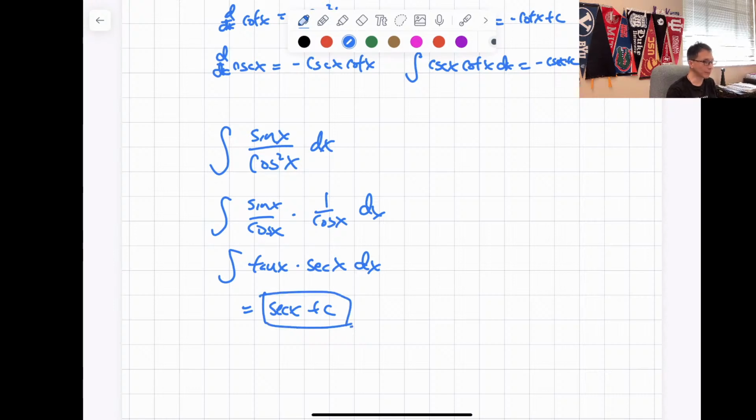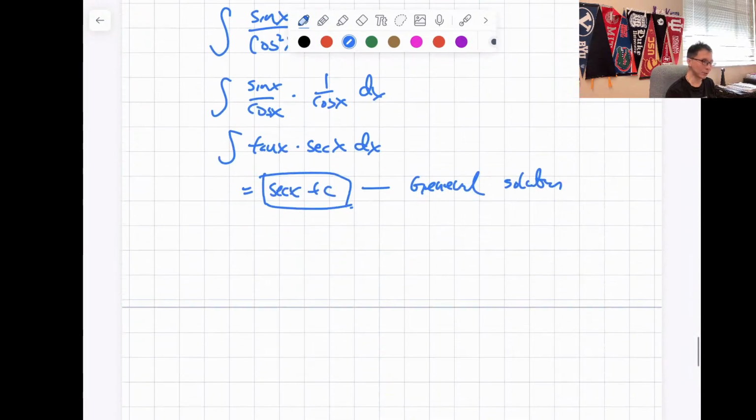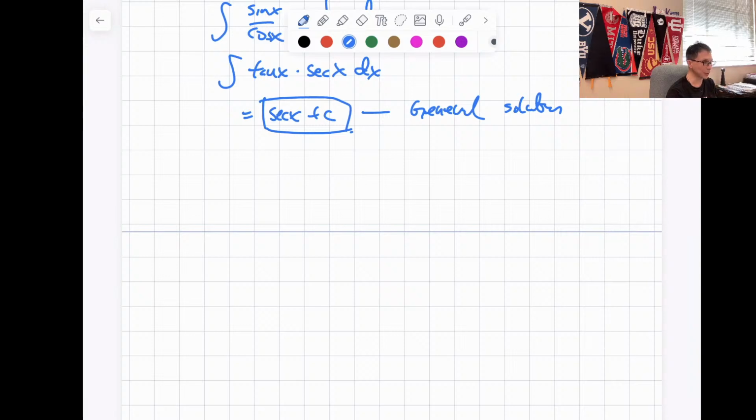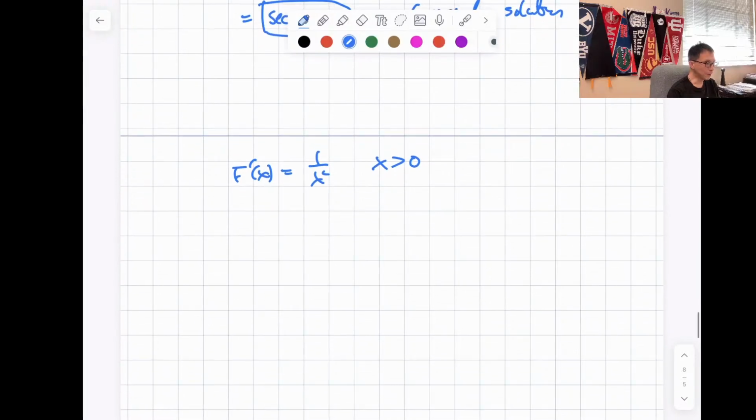Yes. Okay. So let's talk about the difference between a general solution and a particular solution. A particular solution is when you have an initial condition. So if I have f prime of x is equal to 1 over x squared when x is greater than 0, can you find f of x if there's an initial condition f of 1 equal to 0?